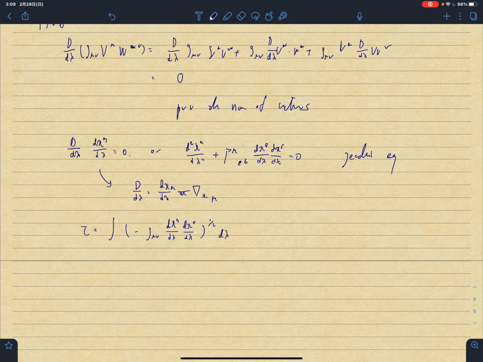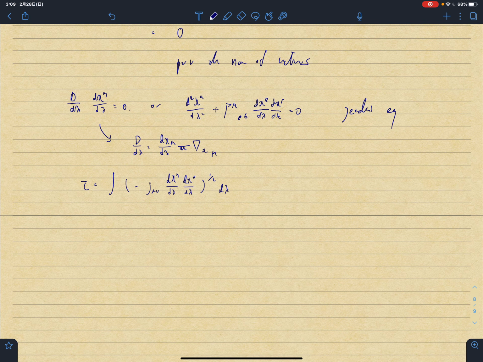Okay, the interval is over the path, so to find the shortest distance we could do the usual calculus of variations treatment to find the critical points of this function. They will turn out to be the maximum proper time, consistent with our discussion of the twin paradox.